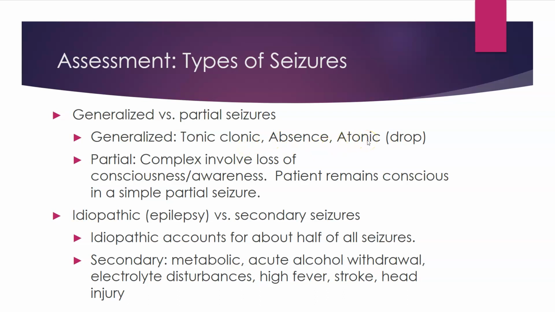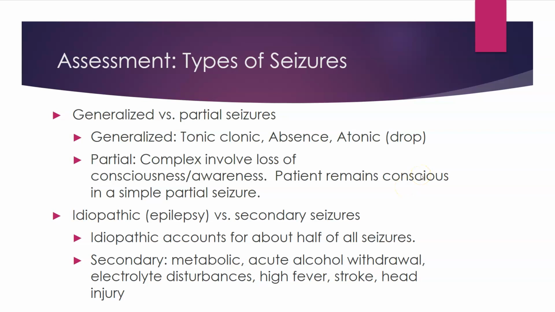That's where they drop and fall down. Oftentimes you'll see patients diagnosed with this type wear helmets or similar protection. You can have partial seizures, and this could be complex, involving loss of consciousness, or they might be aware during it. If it's a simple partial seizure, they might be fully aware that they're doing this.